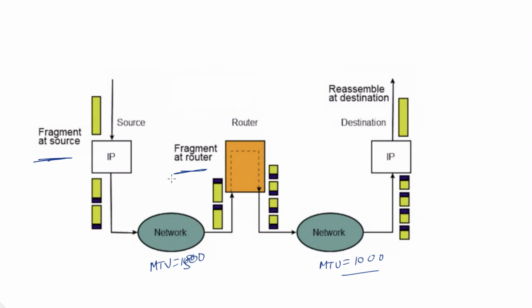So we are not 100% sure that every fragment is following the same router. That's why reassembling at the router is not useful. So we do the reassembling at the destination only. I hope you got it. Fragmentation can happen at the source or at the router, but reassembly will happen at the destination only.